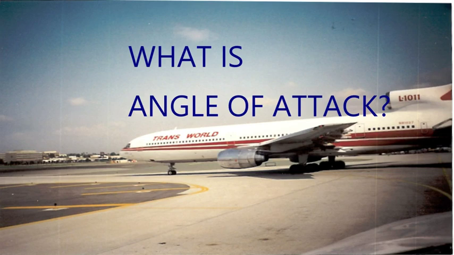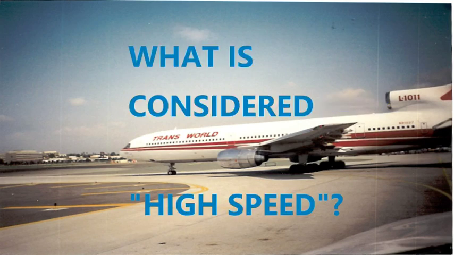Number three, your high speed protection. What's high speed? What's the danger to be concerned about when we talk about the plane running at a high speed? Well, we're talking about what happens when the airplane is pushing through the air at a high speed.